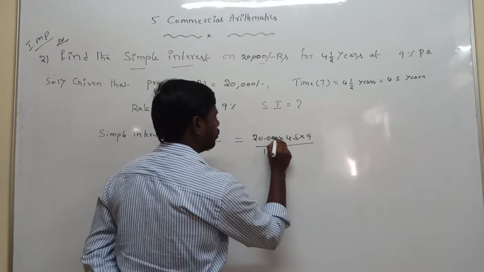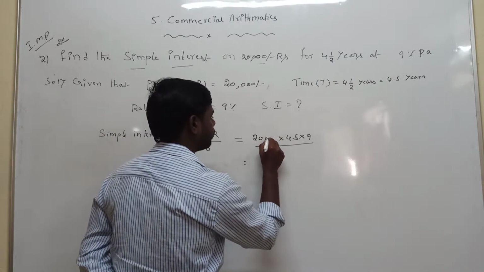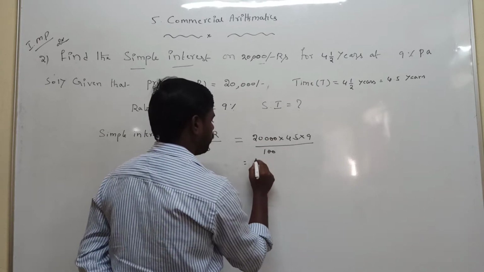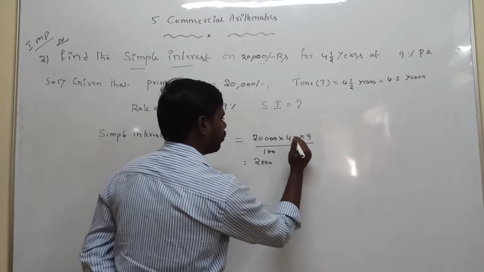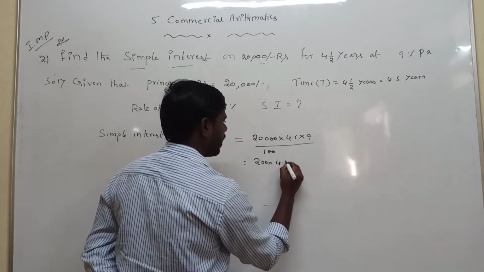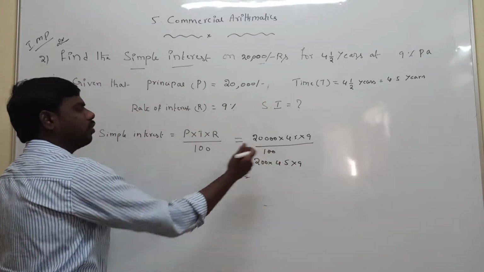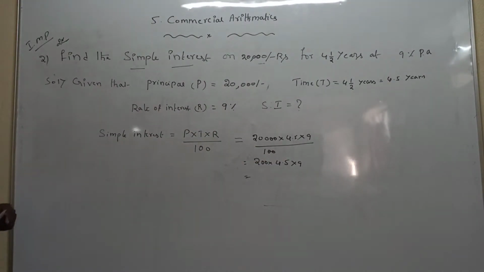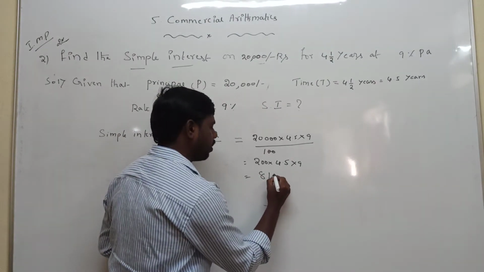These 2 zeros get cancelled. Remaining is 200 into 4.5 into 9. So now 200 into 4.5 into 9, that value is 8,100 rupees.